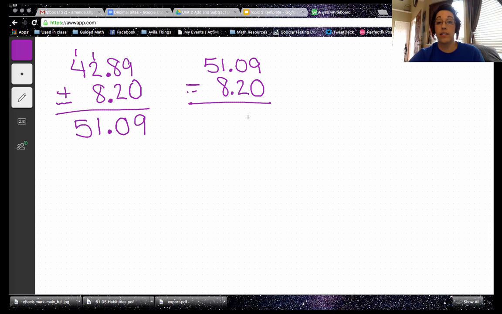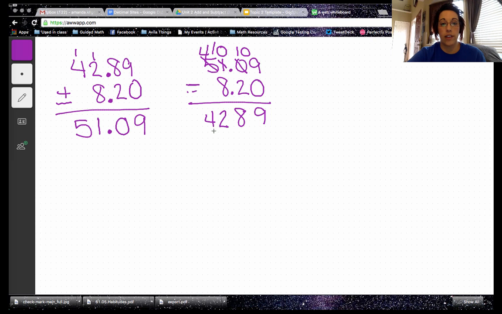9 subtract 0 is 9. 0 subtract 2, we've got to regroup. Borrow 1 from the 1, it becomes a 0. Our 0 becomes a 10. 10 subtract 2 is 8. 0 subtract 8, we have to regroup again. 10 subtract 8 is 2.